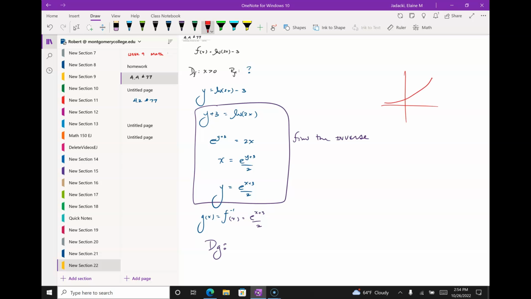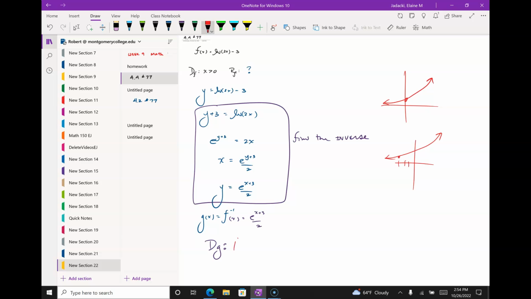Well, what's the domain of e to the x? Everything, right? So if I then shift it 3 to the left, what's the domain? Everything. And then if I divide everything by 2, I still get everything, right?